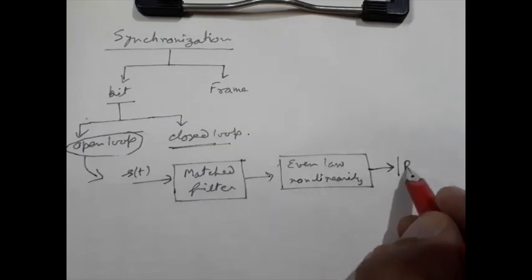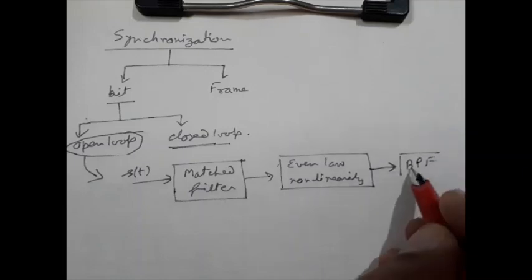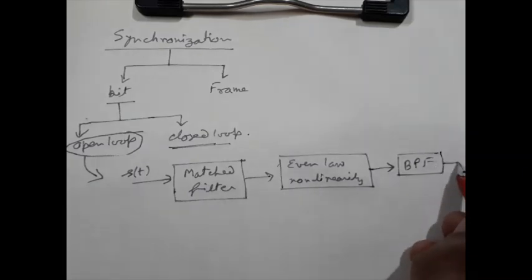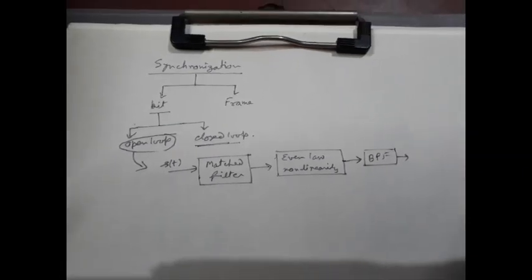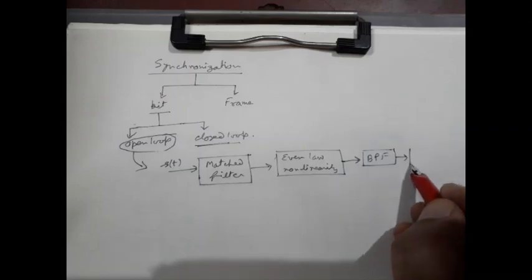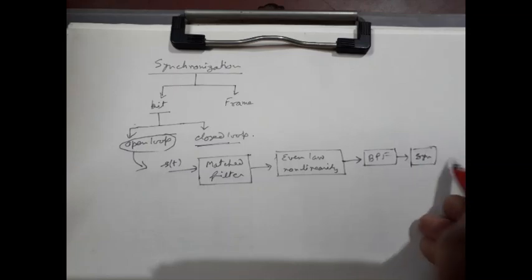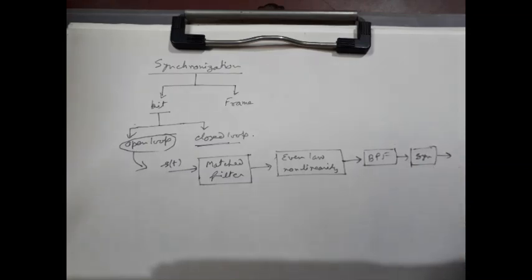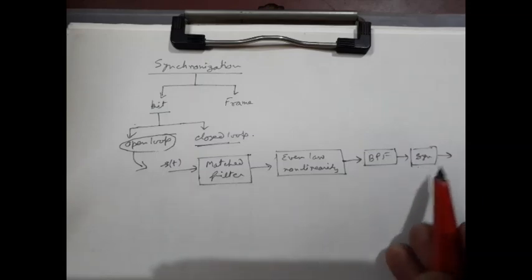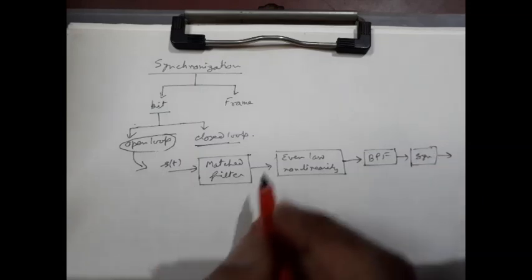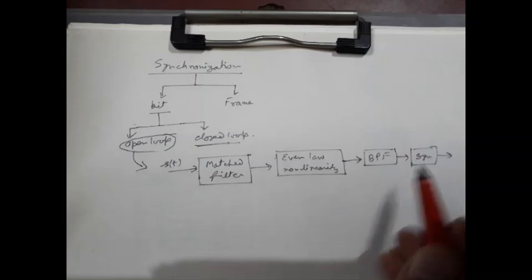Next one is the bandpass filter, and finally we have the wave shape generator, which we write as WSG. This will actually generate the clock, and the shape of the clock will be decided by this one.